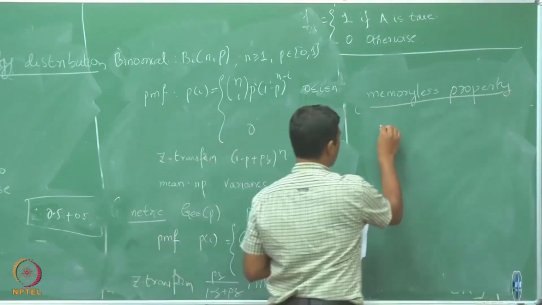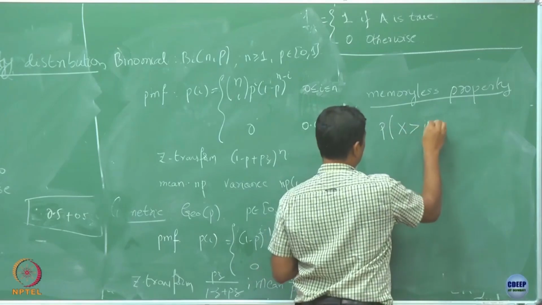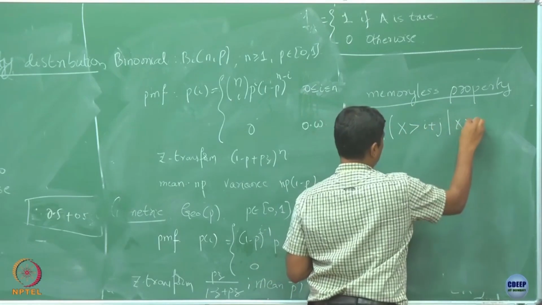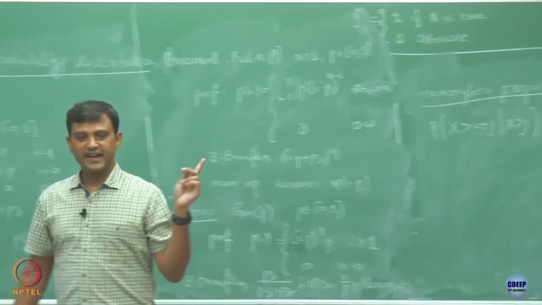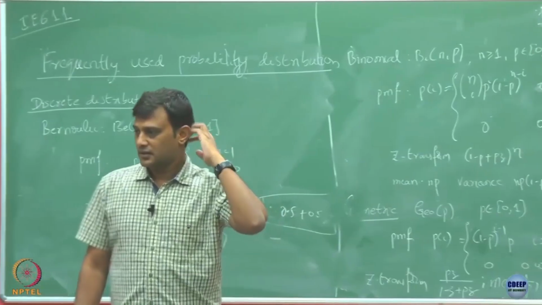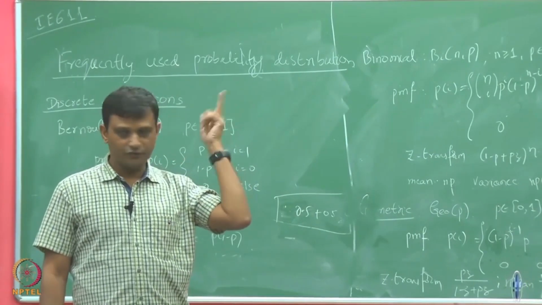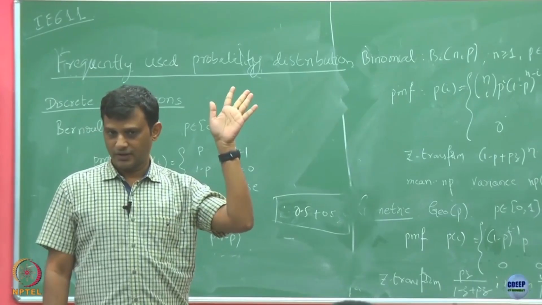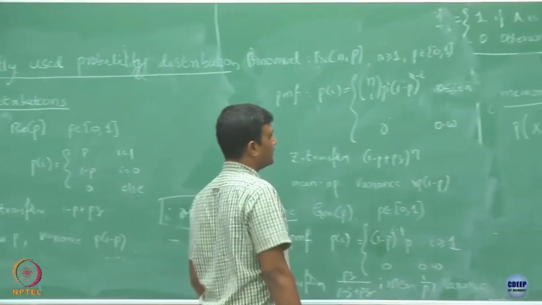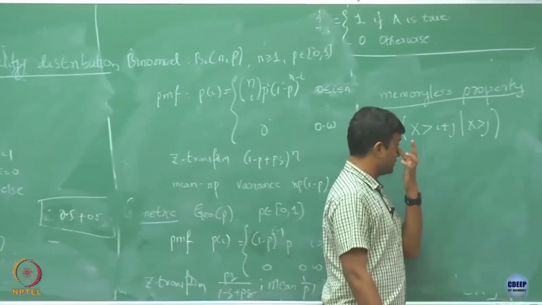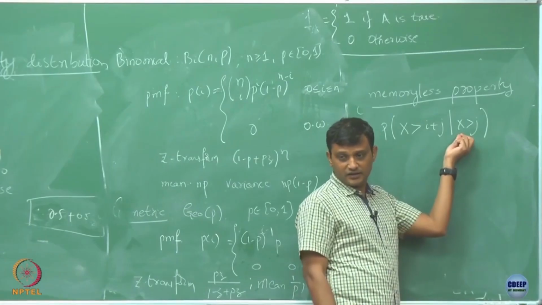Suppose I want to ask the question, let's say x is a random variable which captures the number of trials before I succeed. Now you have been told that the number of trials it took to succeed is already more than j.